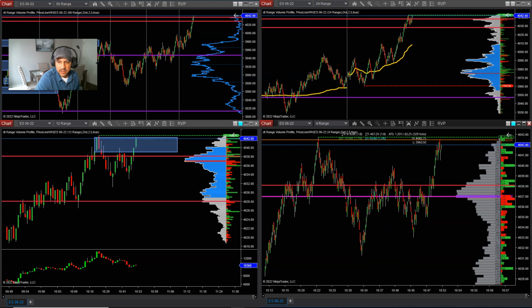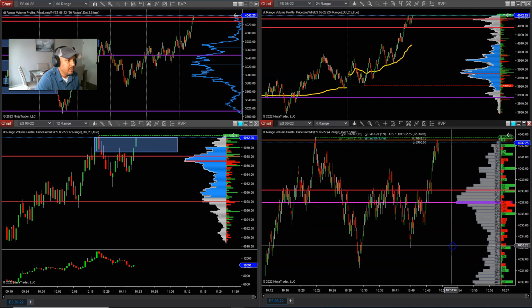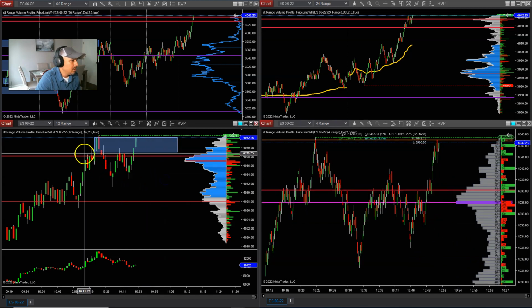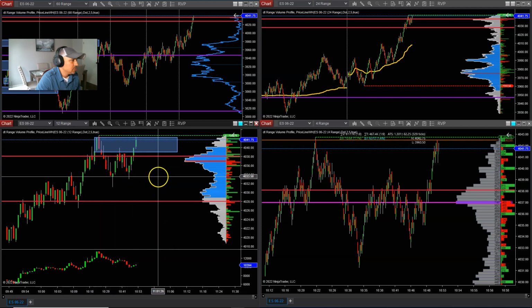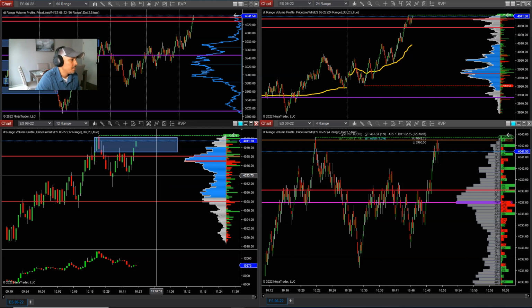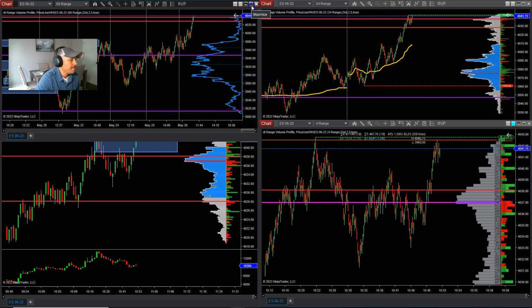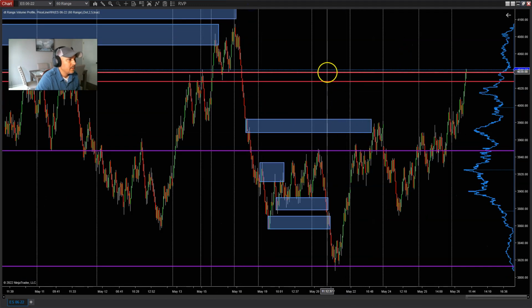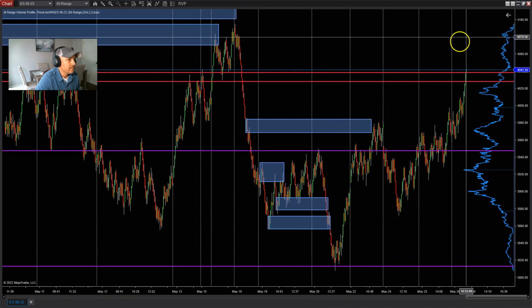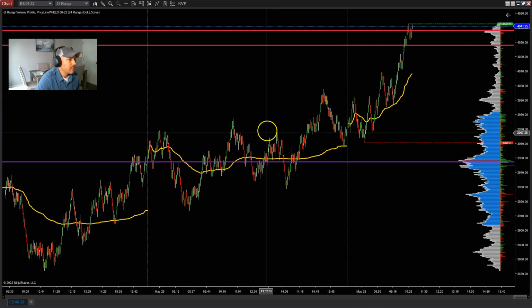So could be trying to push higher now. So we'll see. 60 range. I'm looking at 24 range real quick.